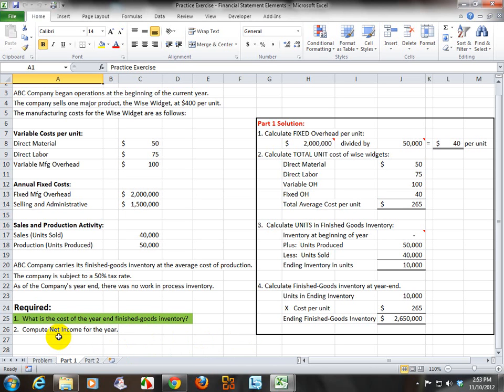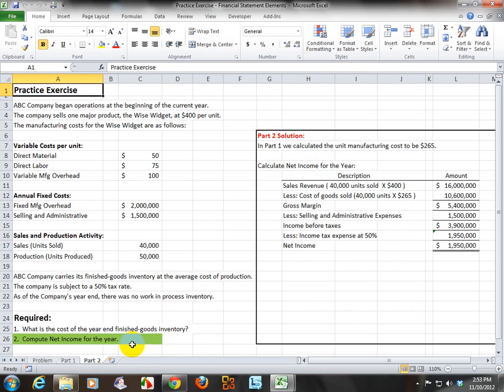Now let's take a look at the second requirement, which is to compute the net income for the year. Let's remember from our previous slide, in part one, we calculated that the unit manufacturing cost was $265 per unit.